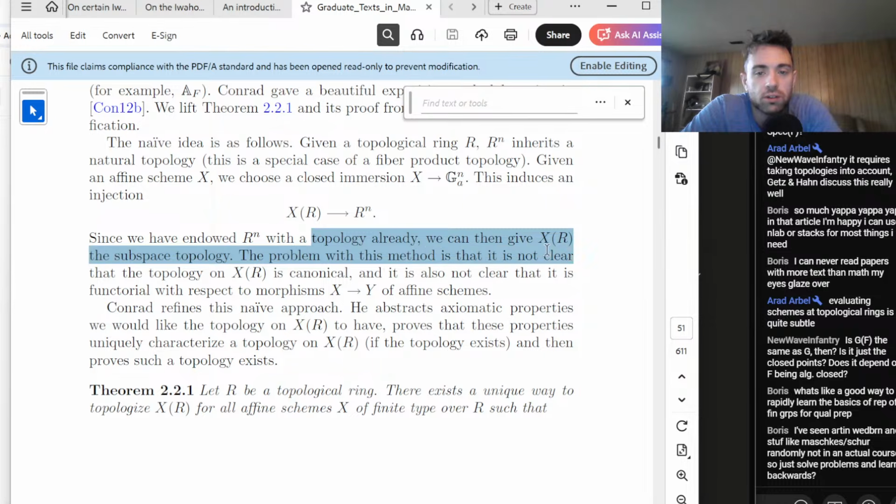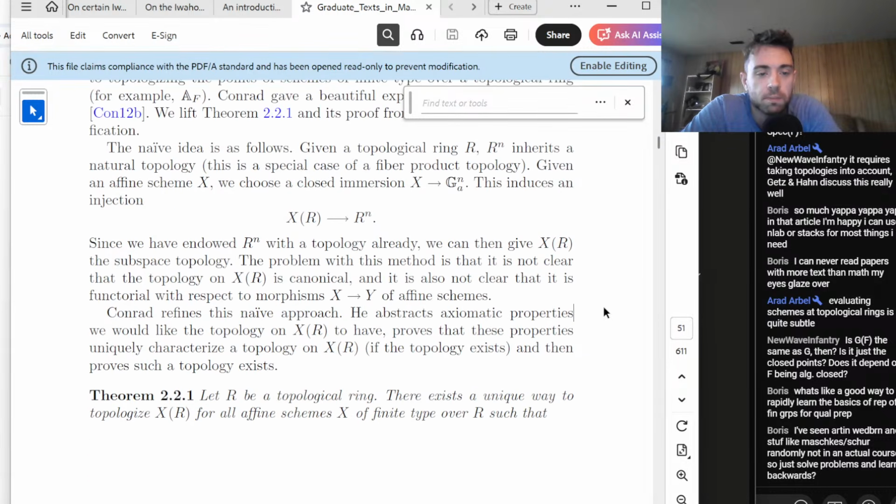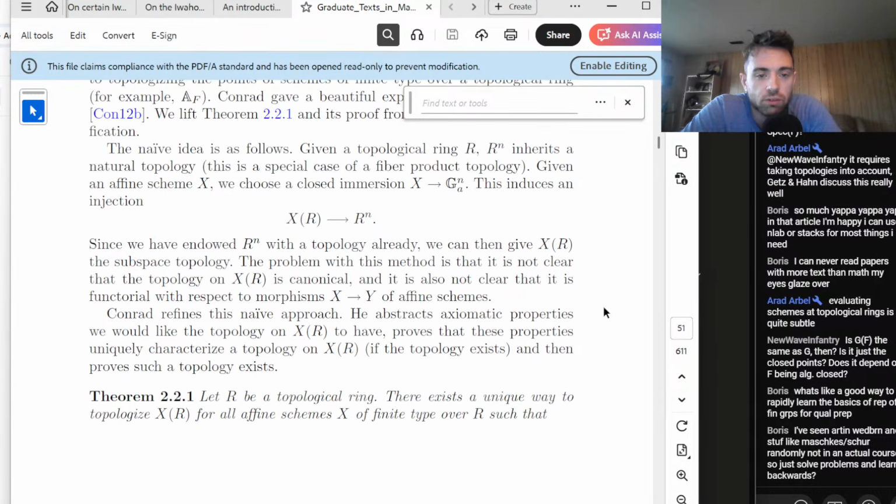The problem with this method is that it is not clear that the topology on X(R) is canonical, and it is not clear that it is functorial with respect to morphisms of affine schemes. Conrad refines this naive approach. He abstracts axiomatic properties we would like the topology on here to have, and proves those properties uniquely characterize it.